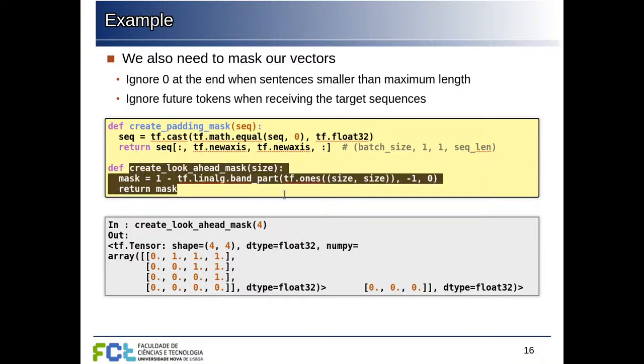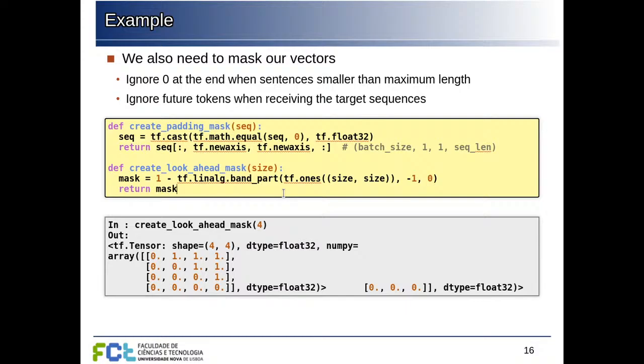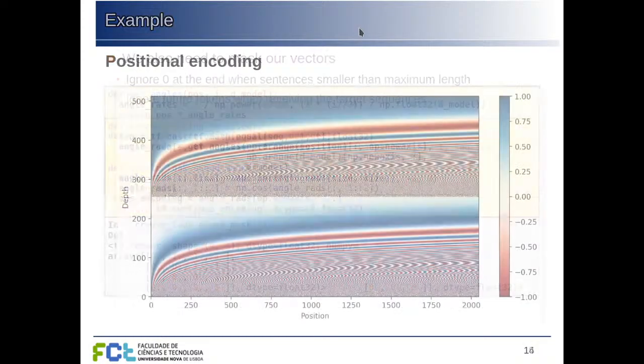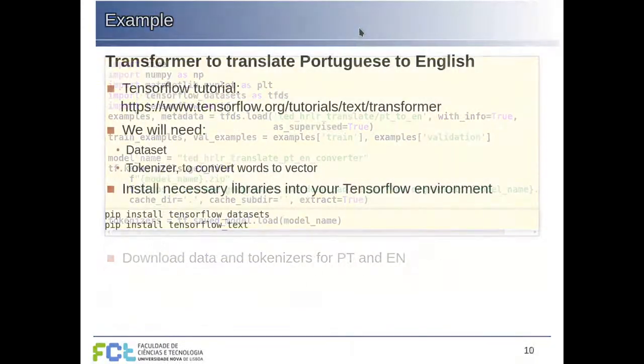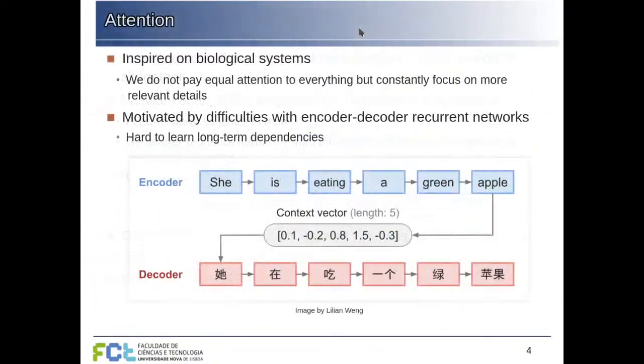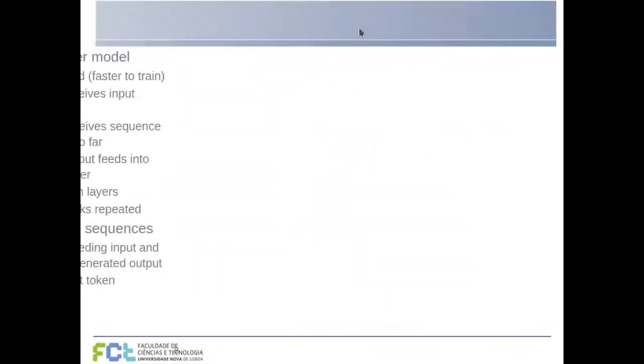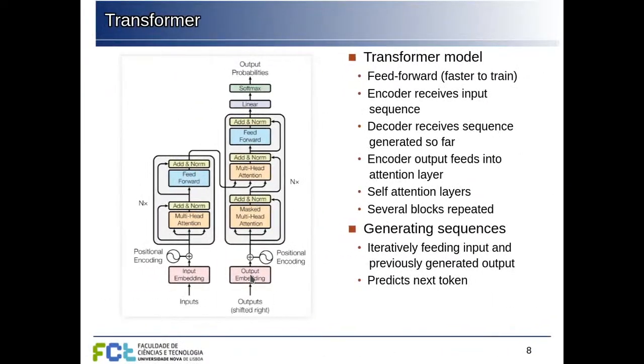And we also need a look ahead mask because when we are training the model or trying to predict, we have to present the sequence that has been generated so far.